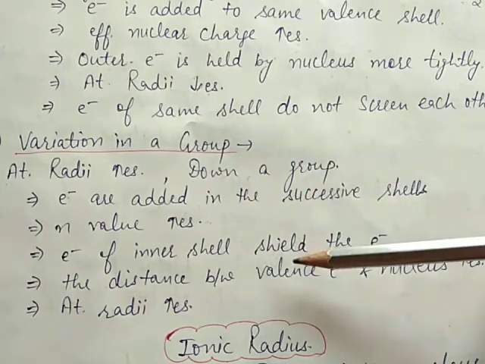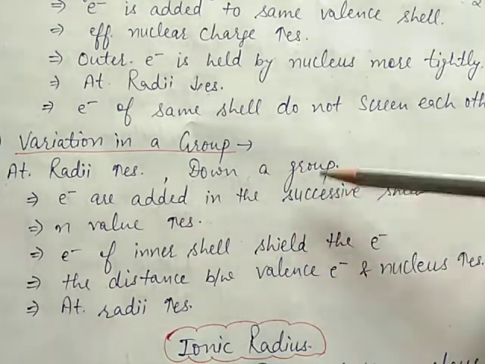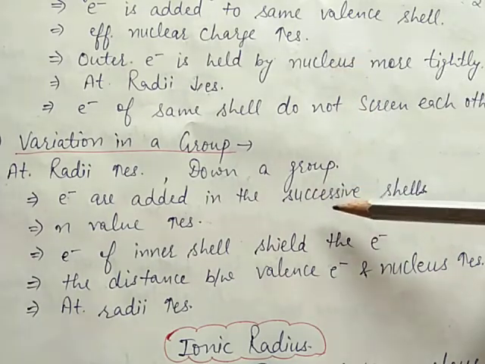So these are the reasons for the variations along a period and along a group.